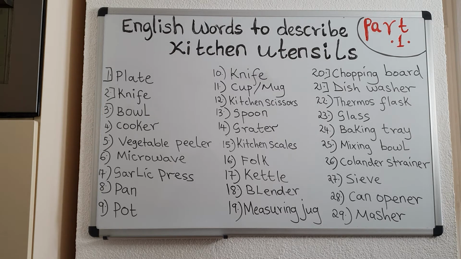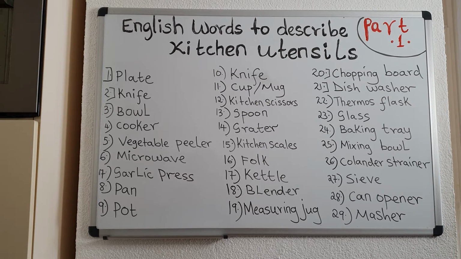If you want to remove the skin on the potatoes, then you use a peeler to remove the skin. So, a vegetable peeler is used for peeling different types of vegetables. In other words, to remove the skin from different types of vegetables.